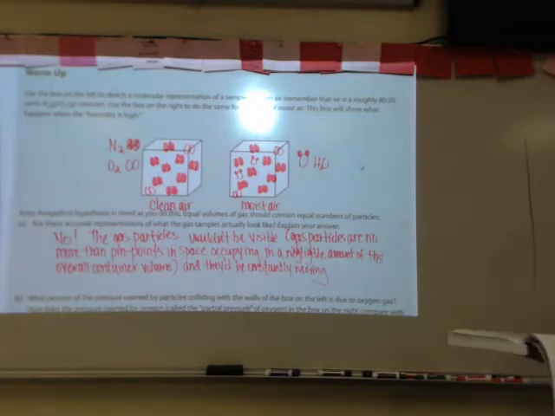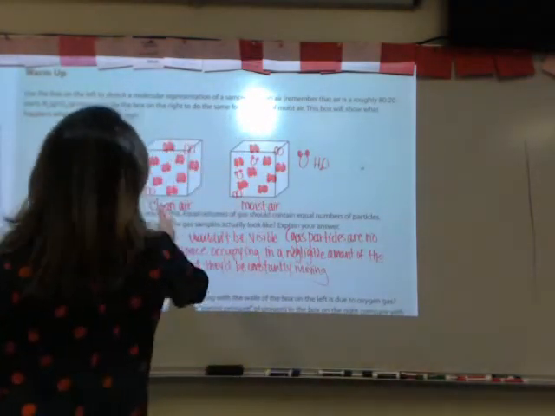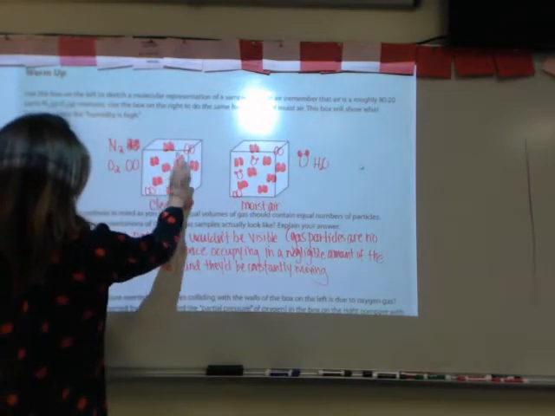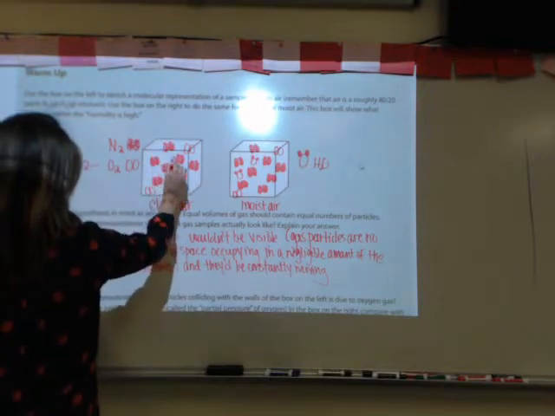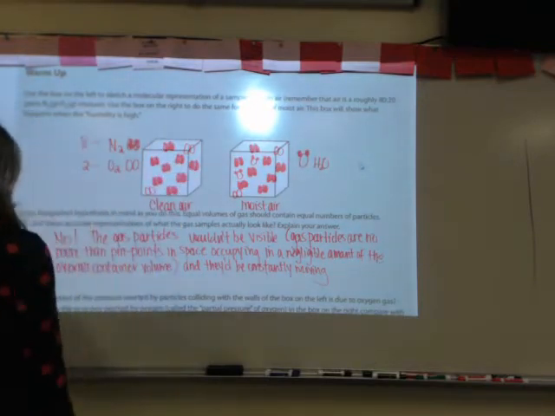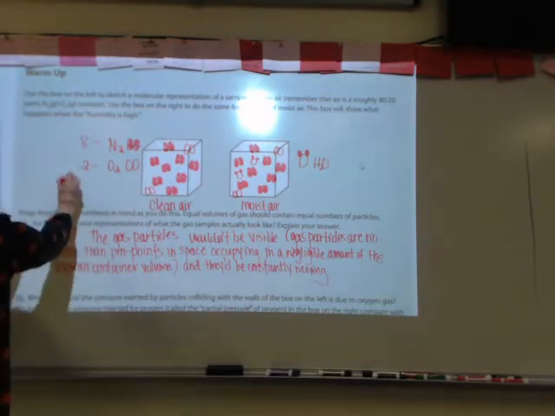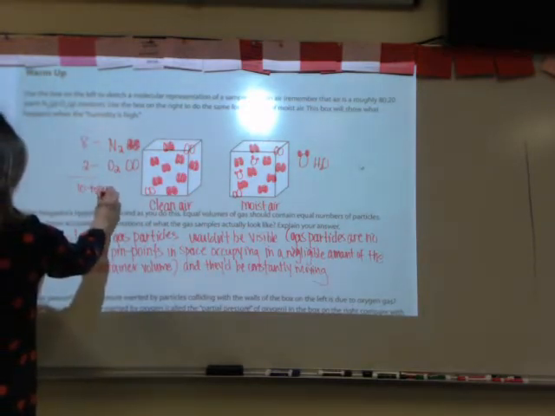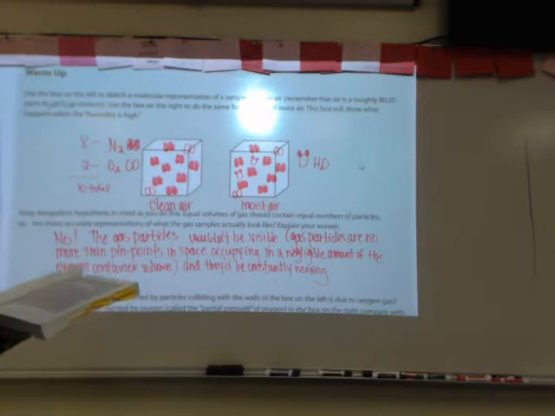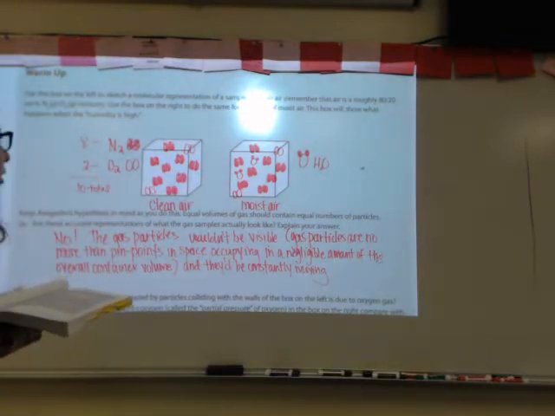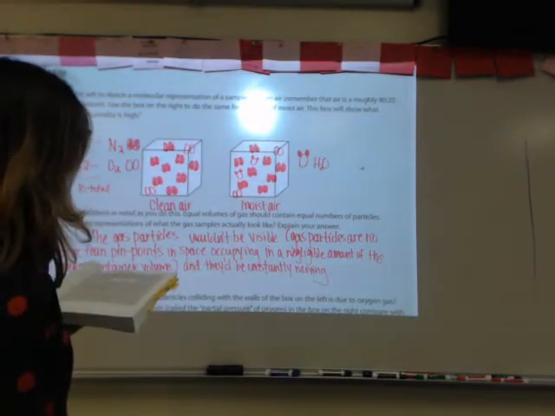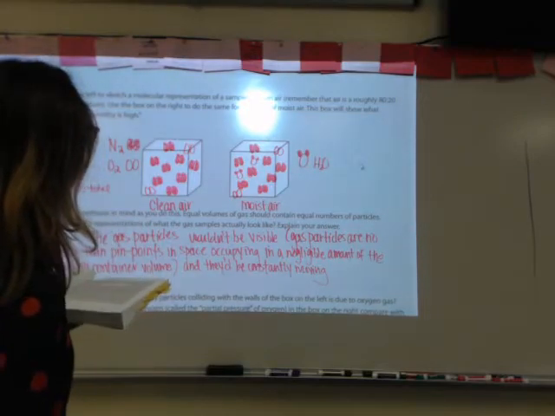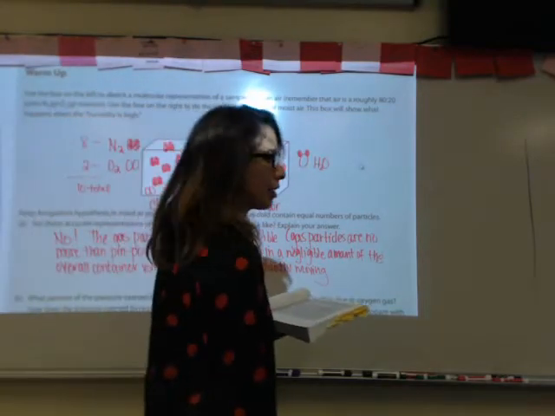Well, the partial pressure of oxygen in clean air is going to be 20% because I've got 2 of these oxygen gas particles, and the total is 10 if you add them up. So 2 out of 10, that means it's going to be 20%. In moist air, it's going to be about 10%, right? It's going to be less than that.